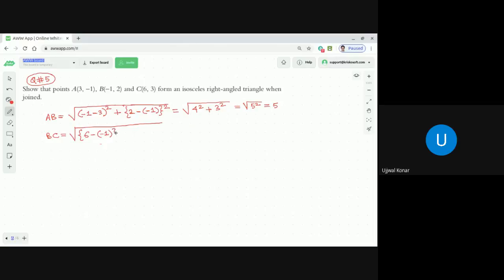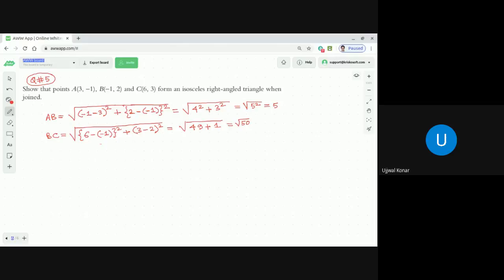So 6 minus 1 whole square plus y coordinate of the point C is 3 minus y coordinate of the point B, that is 2 whole square. That is equal to square root of 6 plus 1, 7 square, that is 49, and 3 minus 2 is 1, 1 square is 1. So we can write it as square root of 50.